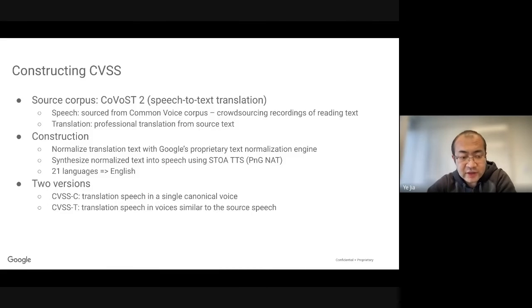The model trained on this version can potentially be used in a user-facing product. The second version is called CVSS-T. In this version, the translation speech is in voices that are similar to the source speech. So this version can be used in research on preserving the speaker's voice during speech-to-speech translation.